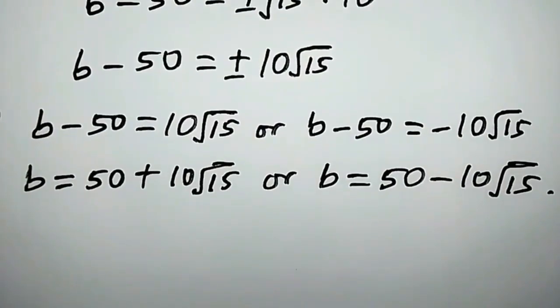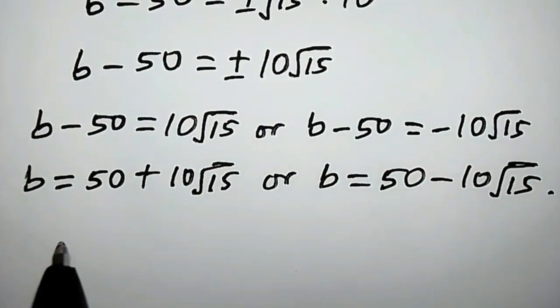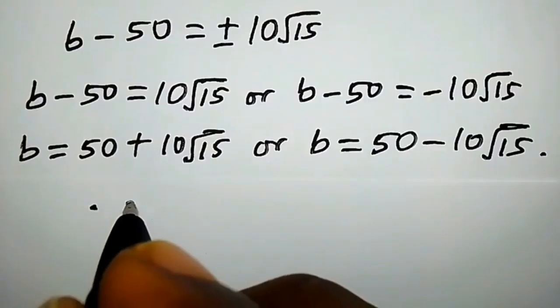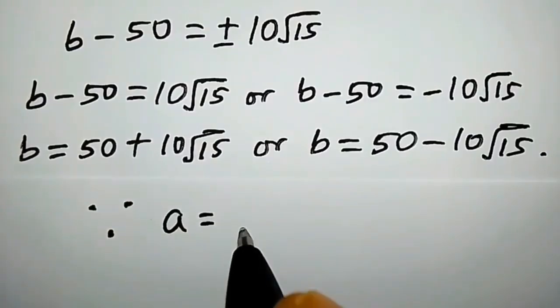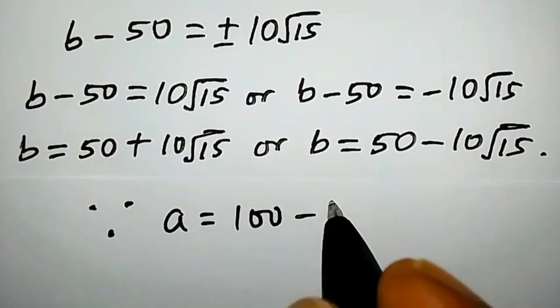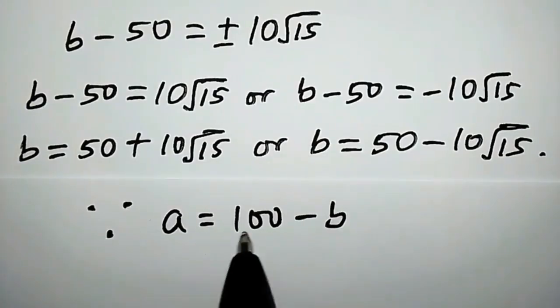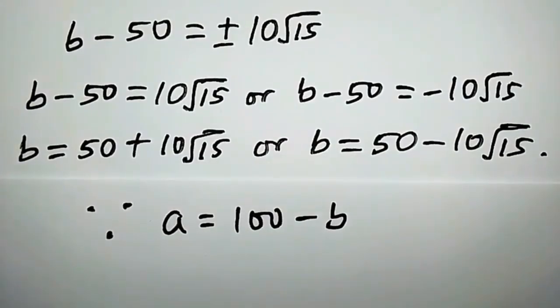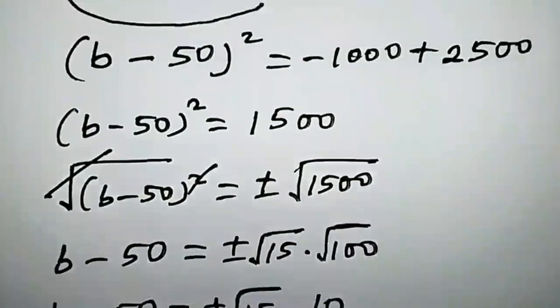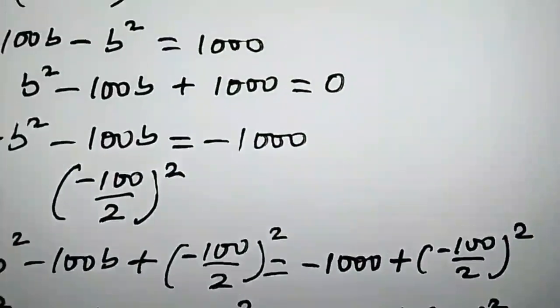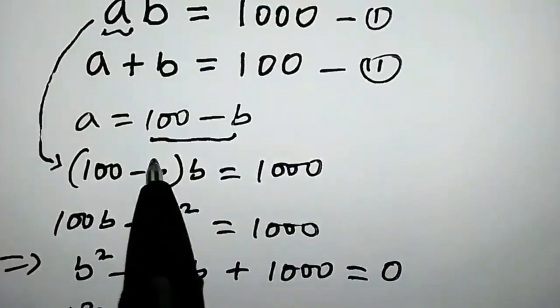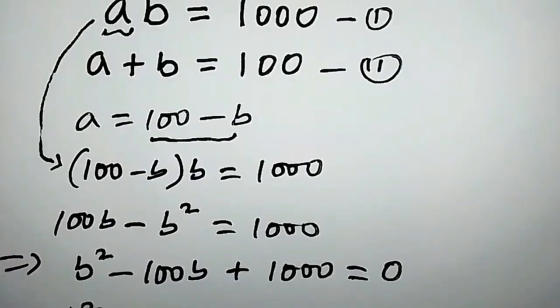It is obvious that we have two values for b. We can then use these two values to obtain the value of a. Since a is equal to 100 minus b, let me show you where we got this equation from. It's actually from this line. So let's proceed further.